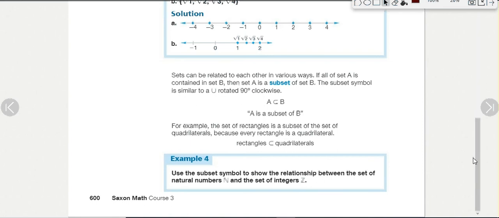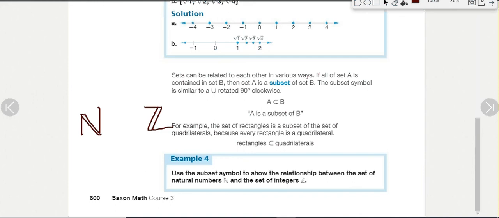Use the subset symbol to show the relations between, we're going to use some really cool symbols today, the set of natural numbers, which you go like this for, and the set of integers, which looks like the same, but it's drawn more like a Z. They're just fancy ways to show integers and naturals.